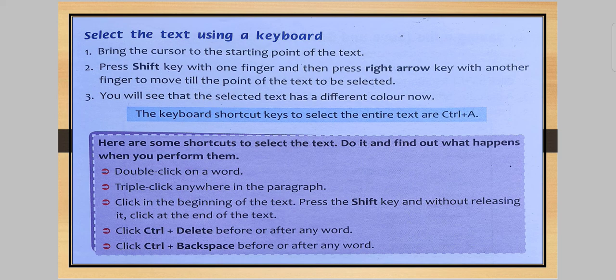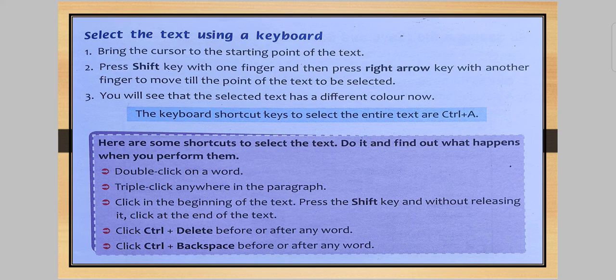You will see that the selected text has a different color now, and you can also use the shortcut key, which is Ctrl plus A. The keyboard shortcut keys to select the entire text are Ctrl plus A.